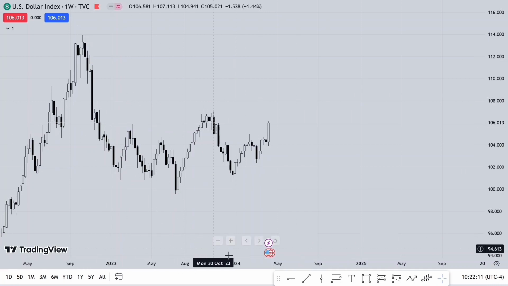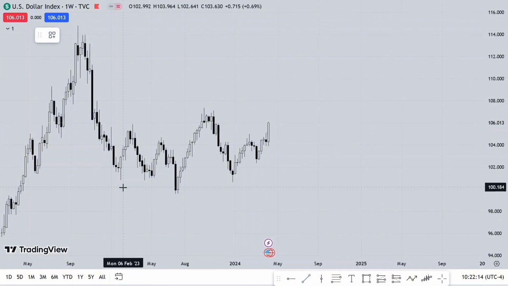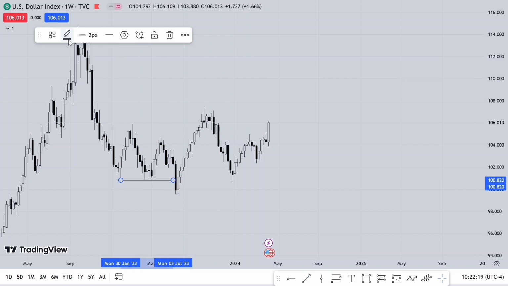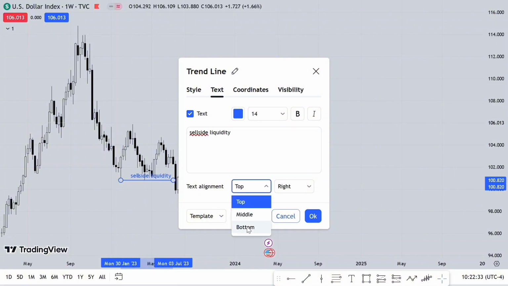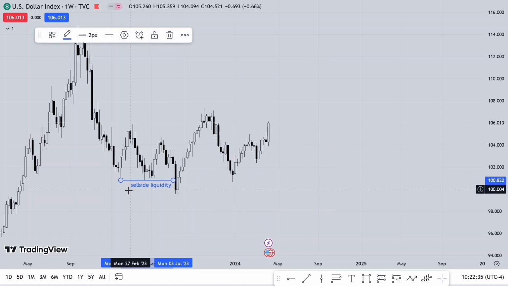From the previous video, we indicated these relative equal lows, which were swept here. This has sell stops resting below. So we had sell side liquidity here, which was swept here.